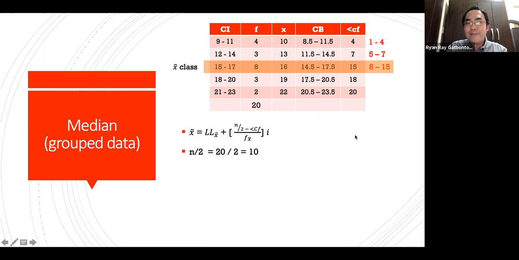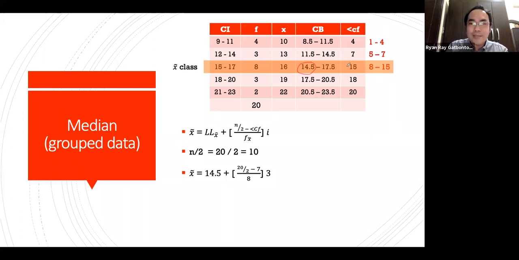Now that we have identified your median class, we can proceed with our computation. So replacing the values with the values that we get from the median class, first is the lower limit of the median class. So this is the lower limit of the median class, that's why it's 14.5. Plus n over 2, which is 20 divided by 2, minus the cumulative frequency preceding the median class.